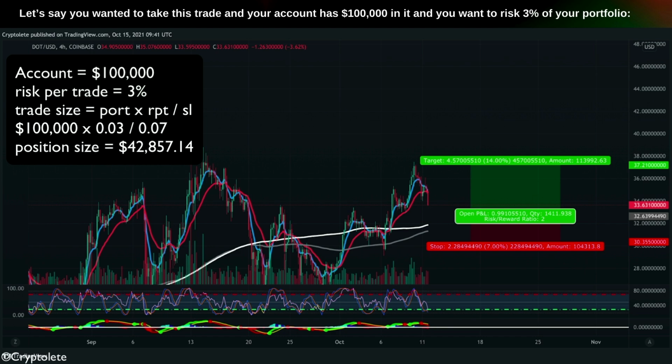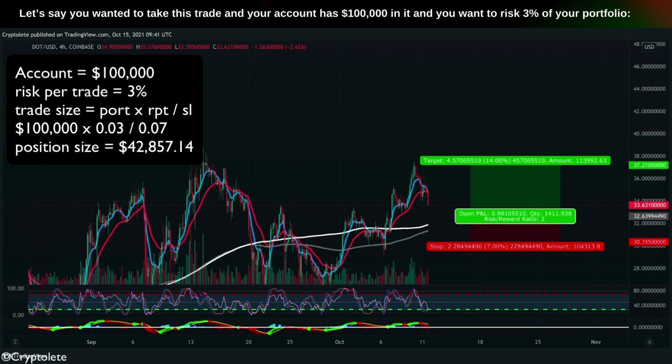It's 7%. And that equals a position size of $42,857.14. If this trade goes against you, you will lose 3% of your $100,000 portfolio if you get stopped out at the stop loss that you set.